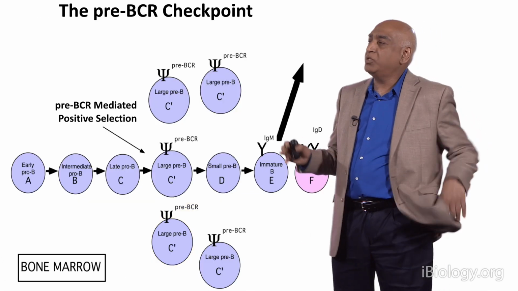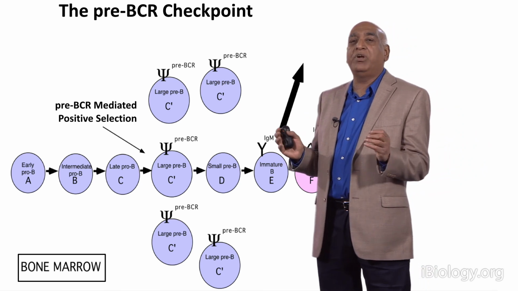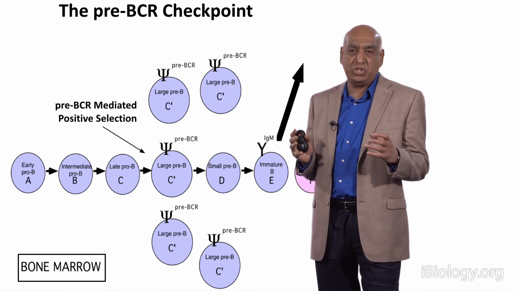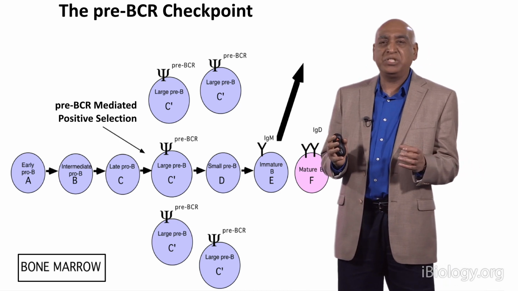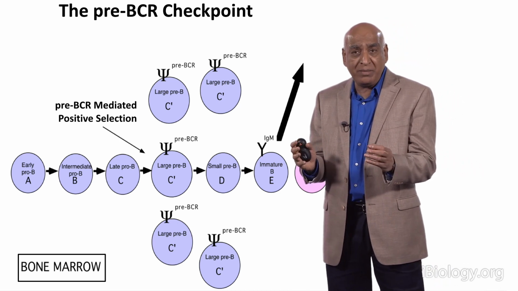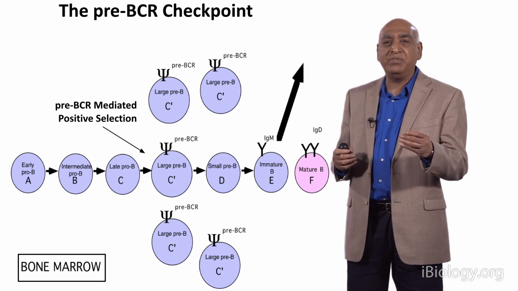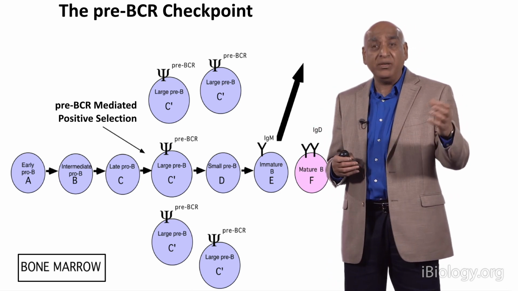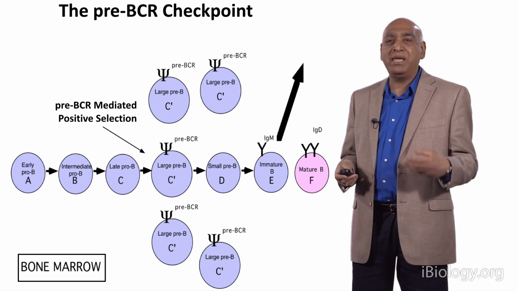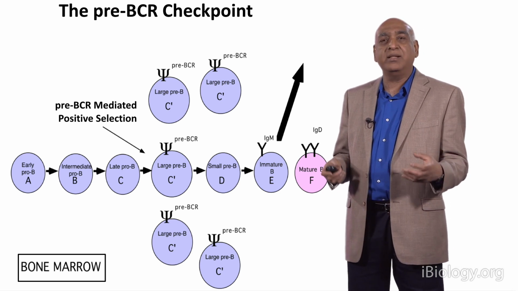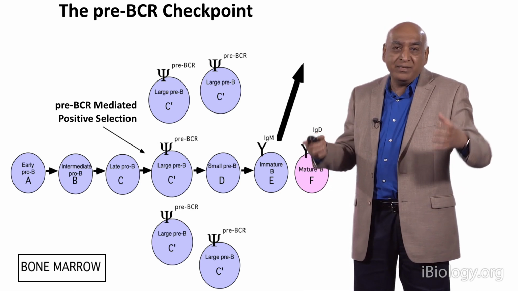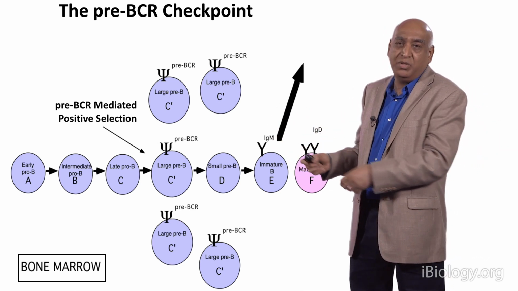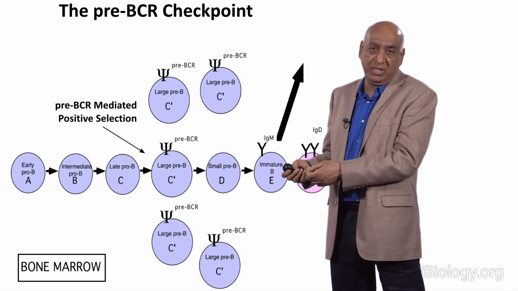So most of this lecture has revolved around the pre-BCR checkpoint. And the pre-BCR checkpoint is designed to actually gauge proper reading frame, to see whether the antibody heavy chain gene was made in frame. So the cells that make the pre-B receptor are the cells that are going to survive, proliferate, and expand into small pre-B cells, which will then rearrange light chain genes.